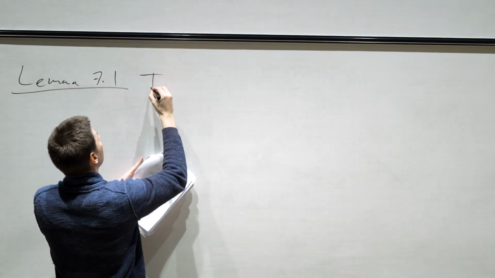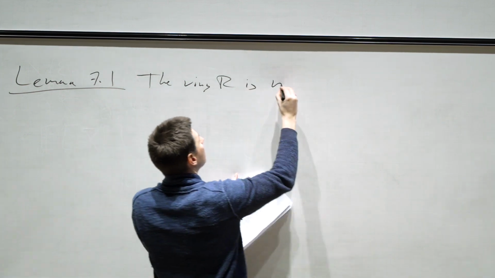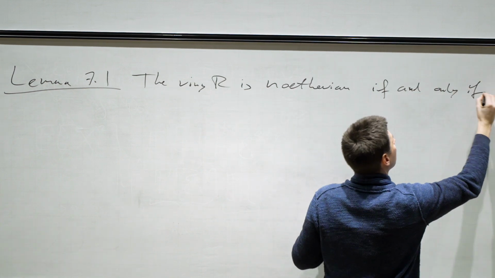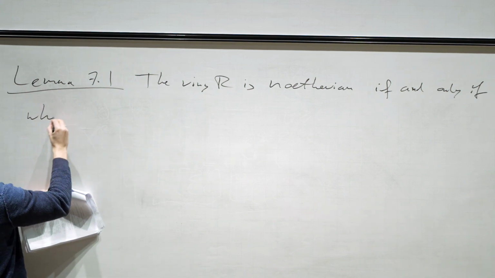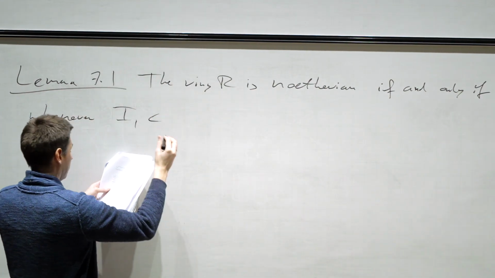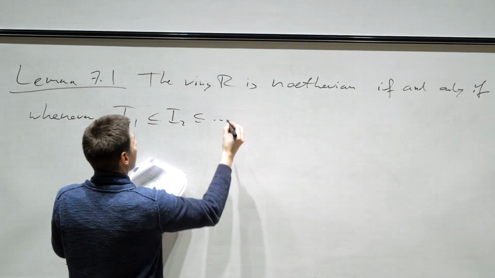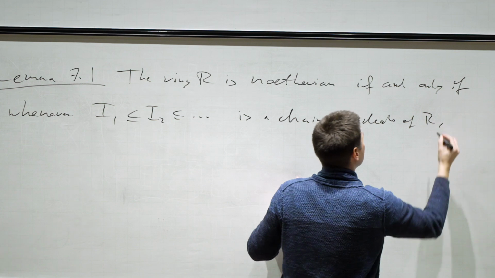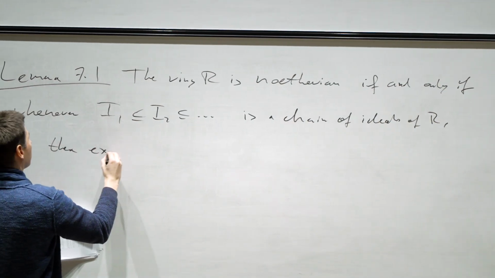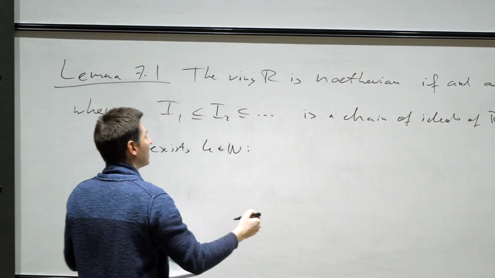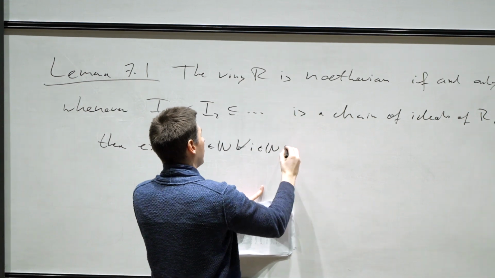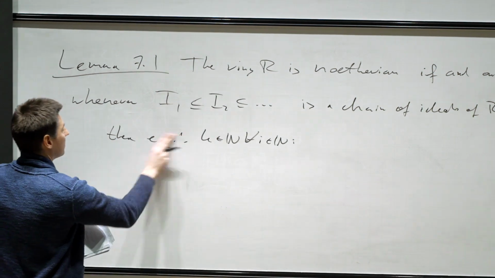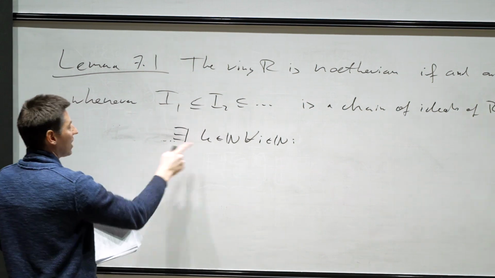The ring R is noetherian if and only if whenever we have a chain of ideals I1, I2, and so on, there exists some natural number k such that the chain stabilizes. From some point on, nothing changes.